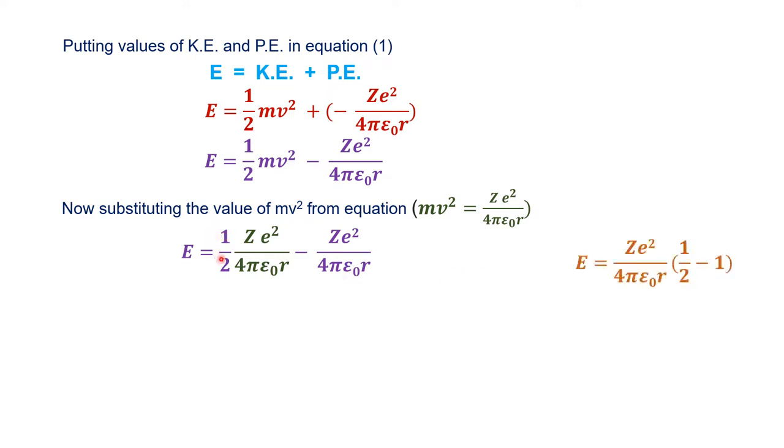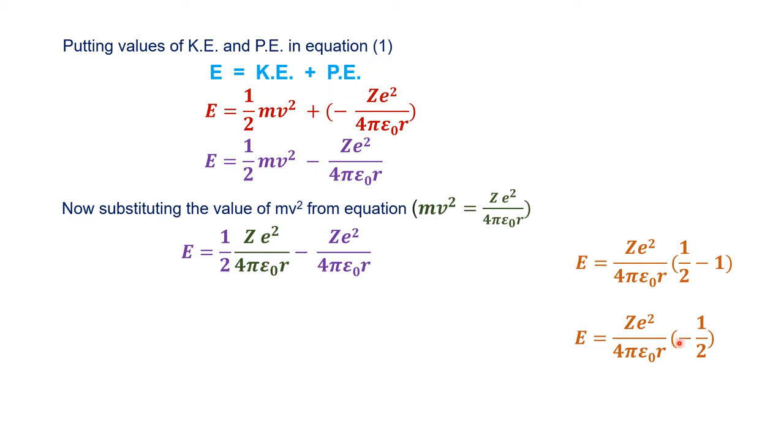Now if we solve it, we take this term as common, that is Ze square divided by 4 pi epsilon naught r, and here it is half minus 1, so we will write it as half minus 1.